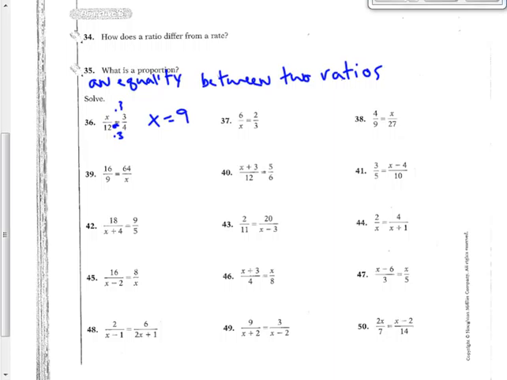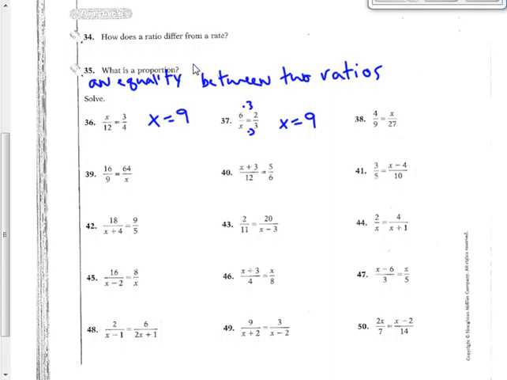Okay, so I can use logic to figure these out in the case where I just have a plain number there. So in number 37, to get from 6 to 2, I'm dividing by 3. Or if I look the other way, if I go from 2 to 6, I had to multiply by 3. So I multiplied the top by 3 to get to 6. I have to multiply the bottom by 3, and x just happens to be 9 again. Now, if that doesn't really make sense to you, then let's take a look at the more typical way that we're going to solve these.